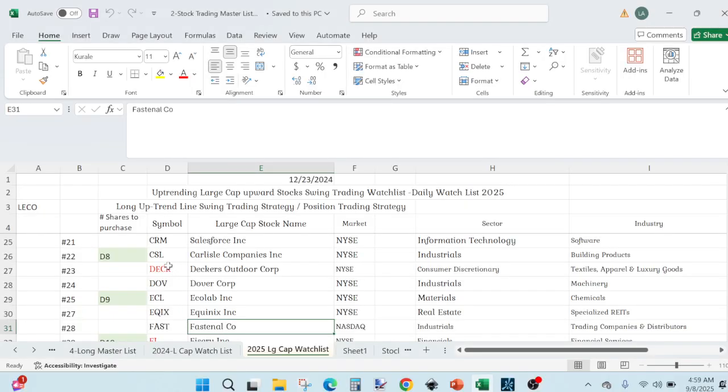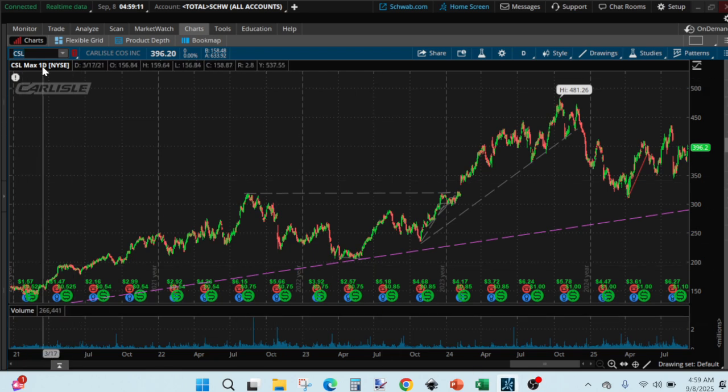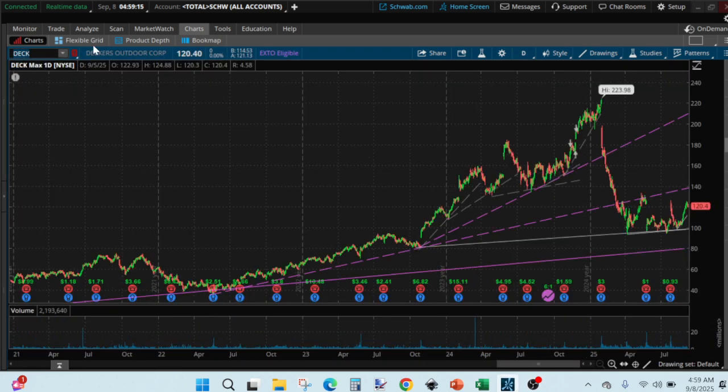The second one we are going to analyze is DECK, and I have it in red there because I'm keeping an eye on it.